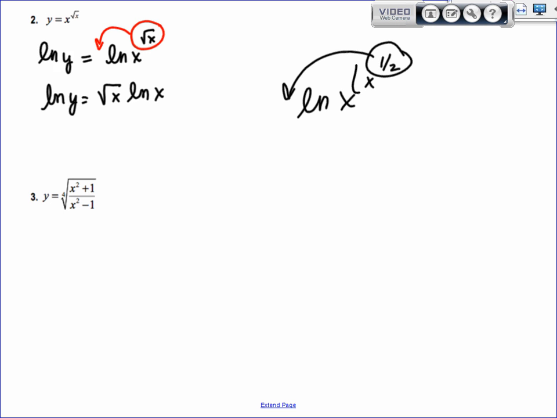No, because it would need the whole power. When powers are multiplied, that's x to the 1/2 x. Oh, yeah. I see what you're saying. So like what we were doing the other day when I showed you that one that was like 4 to the 3x, and I had you write it as 4 cubed to the x.